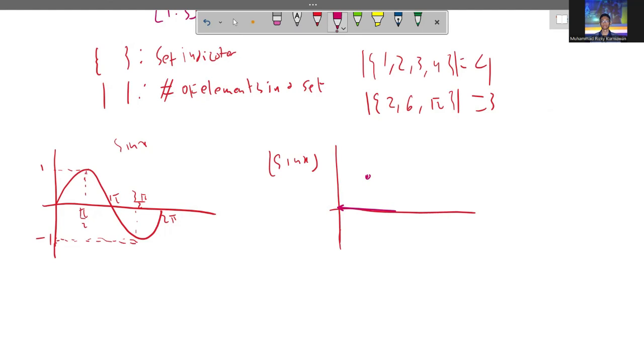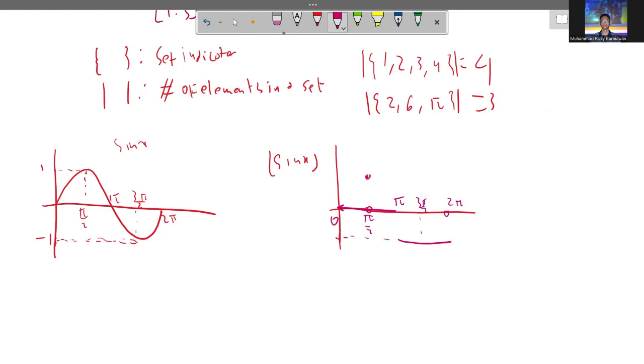There you go. And then the important points are pi over 2, pi, this is 3 pi over 2, and this is 2 pi.